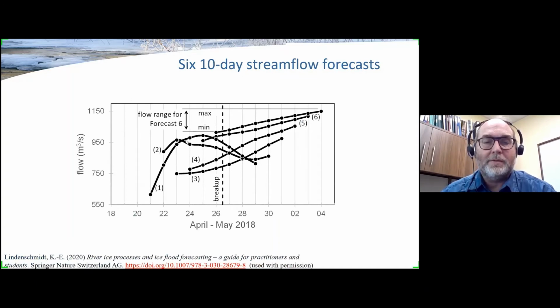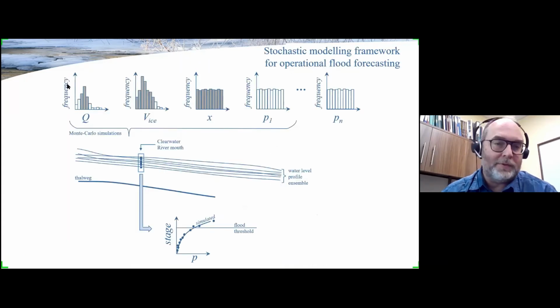I'll do 10 or 9 days here, and I'll look at what my minimum flow and my maximum is. I'm going to have a range here, and with that, I'm going to constrain my discharge distribution. I'm only going to take a certain range within it and pick random values from that to do my runs.